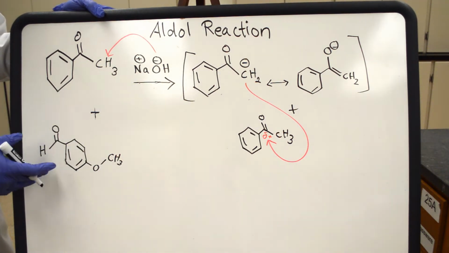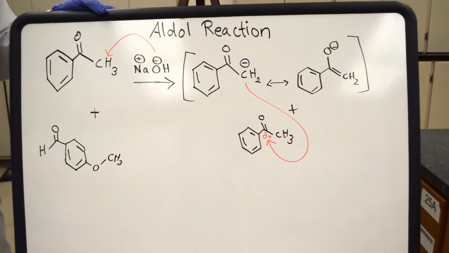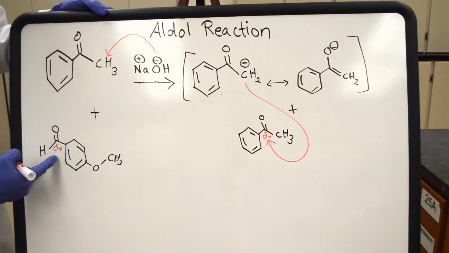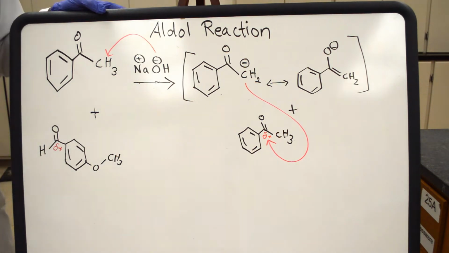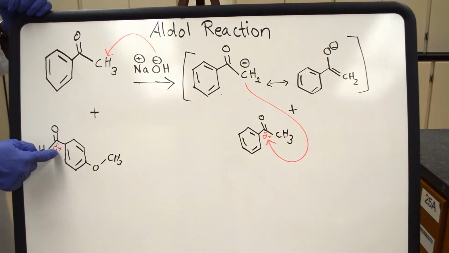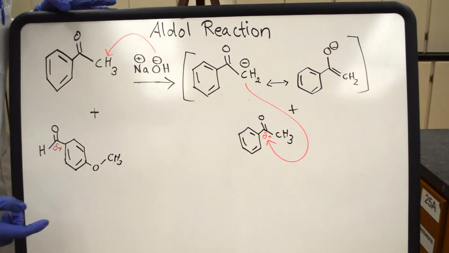This aldehyde is more reactive than ketone. We know that because this partial positive charge is larger than this partial positive charge, and this is more readily available for the reaction than this positive charge.